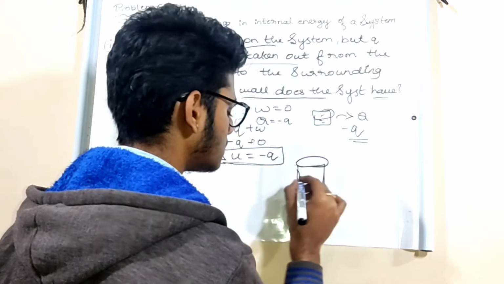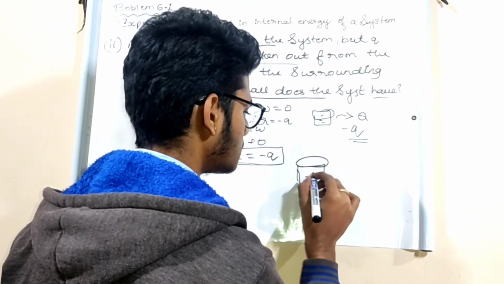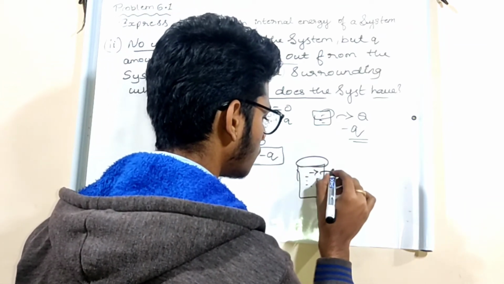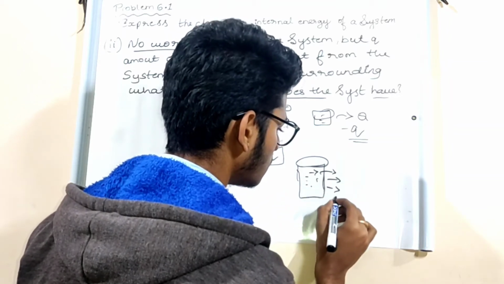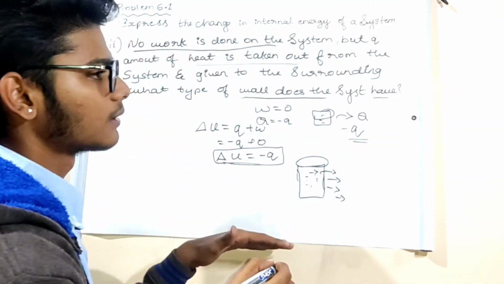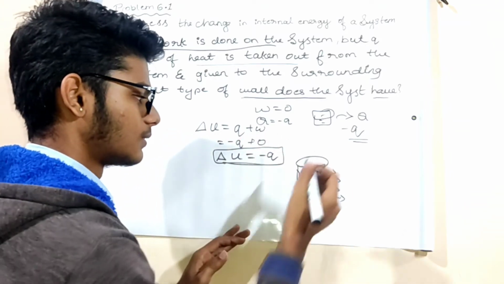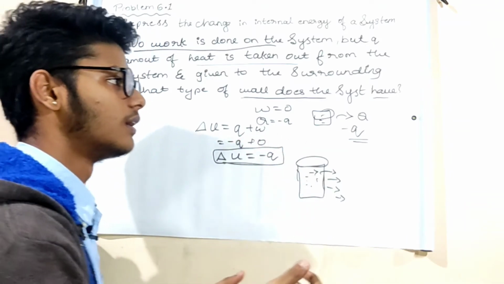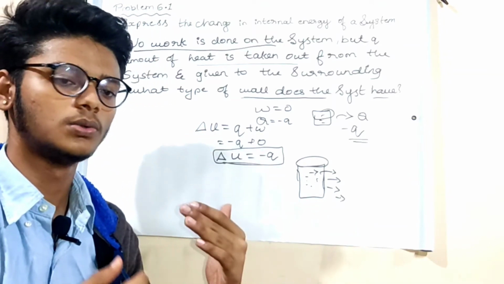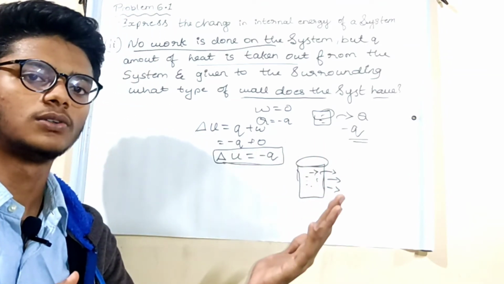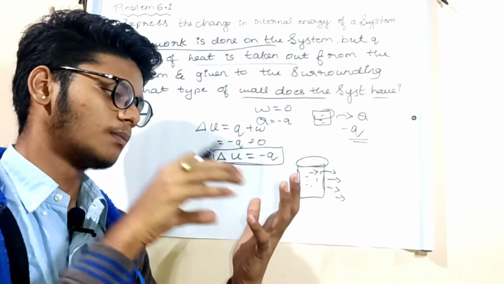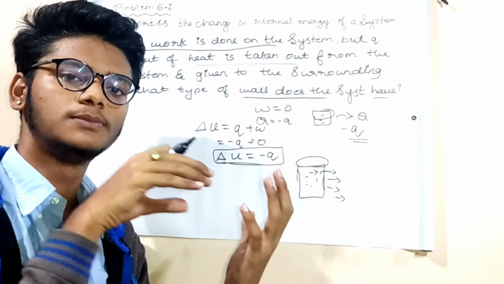If this is the system, Q amount of heat is transferred outside. So think about which type of wall it may contain. To send the heat outside, first the boundary should absorb the heat.